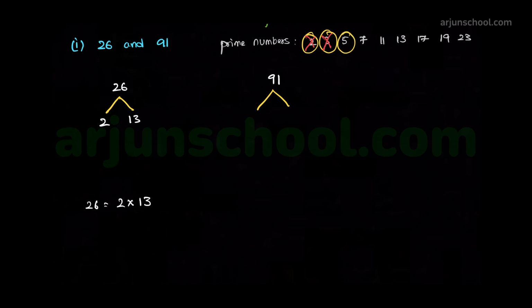Now let us move to the next prime number 5. Since 91 ends with neither 5 nor 0, it is not divisible by 5. So let us move to the next prime number 7. 91 divided by 7 is equal to 13.